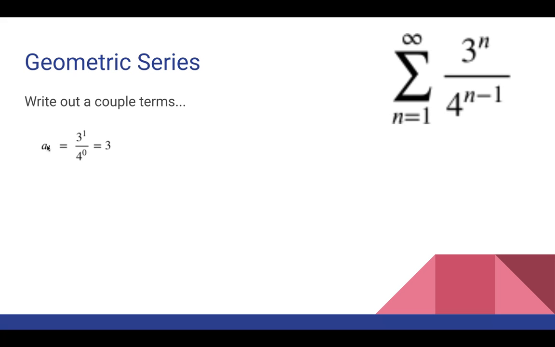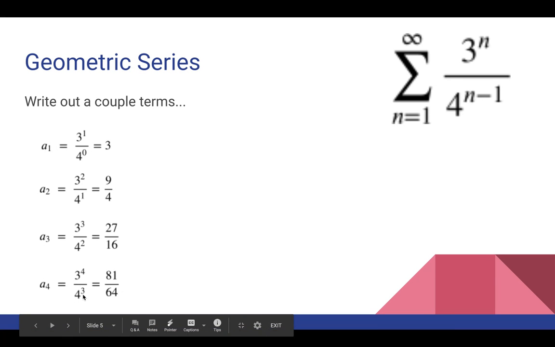So the first term, a sub 1, is going to be 3 to the 1 over 4 to the 1 minus 1, which is 4 to the 0. This is 3 over 1, which is equal to 3. A sub 2 is going to be 3 squared over 4 to the 1, which is 9 over 4. A sub 3 is going to be 3 cubed over 4 squared, which is 27 over 16. And a sub 4 is going to be 3 to the 4 over 4 cubed, which is 81 over 64.